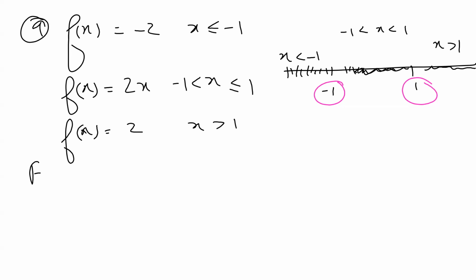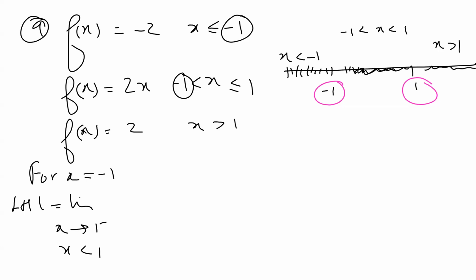Now, for x equal to -1, you have to do LHL and RHL. So LHL, limit x approaching -1 minus, x less than -1, which is -2.